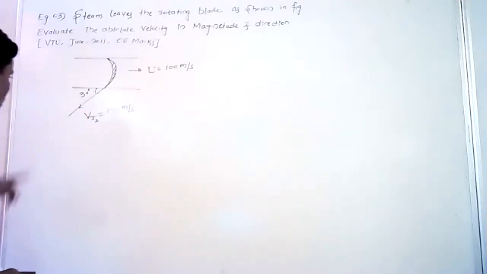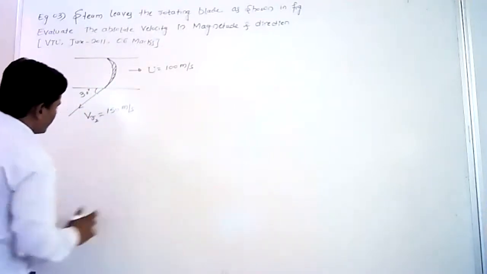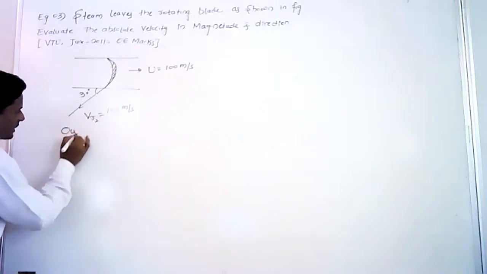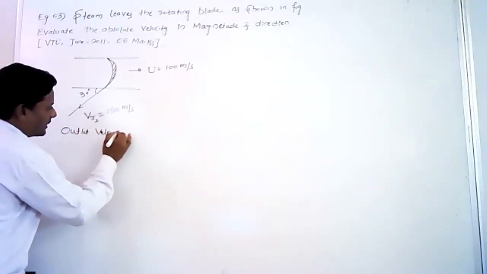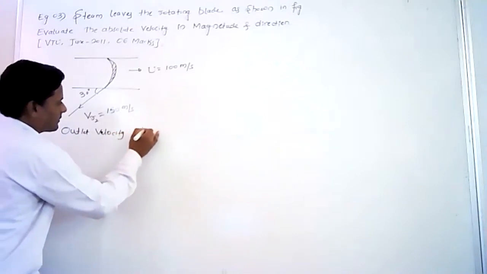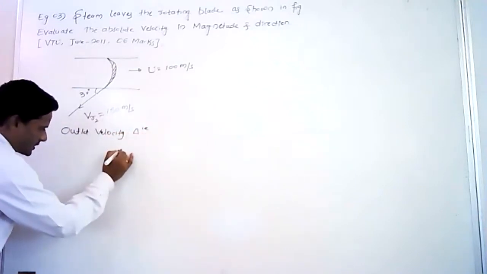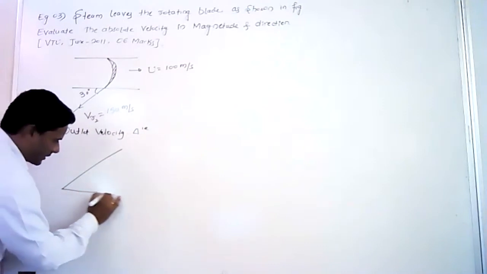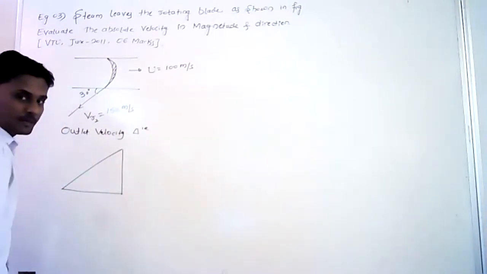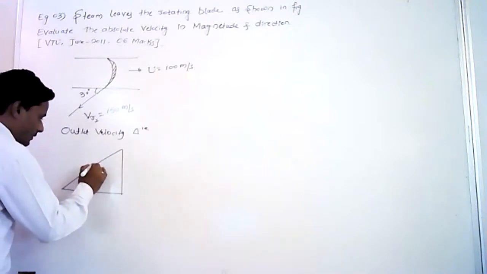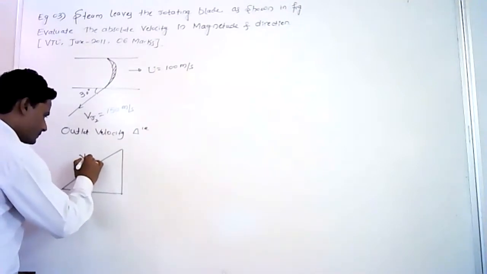So here we have to draw the outlet velocity triangle. So this is the corresponding outlet velocity triangle. It's a very simple problem. This is VR2.